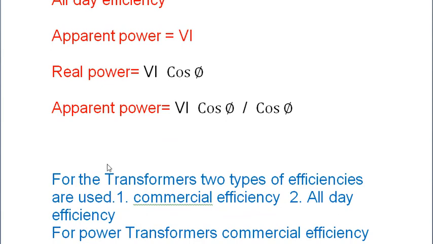Next, why should we study the all-day efficiency? In power systems there are two types of transformers. One is called the power transformer, the other type is called the distribution transformer.